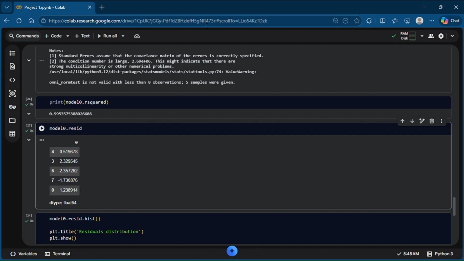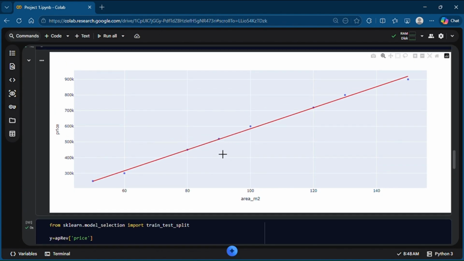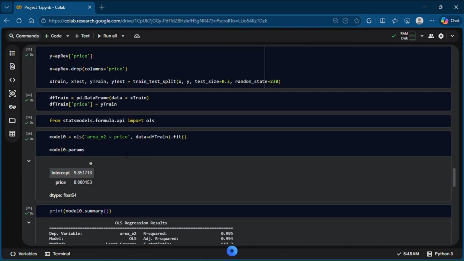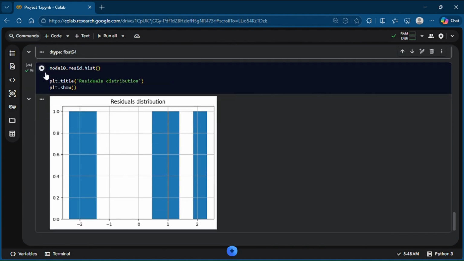That we should expect, because this line, as I previously mentioned, represents the best representation of this scatter plot, and due to this fact we must have a small difference between these points, for example. And let's continue.